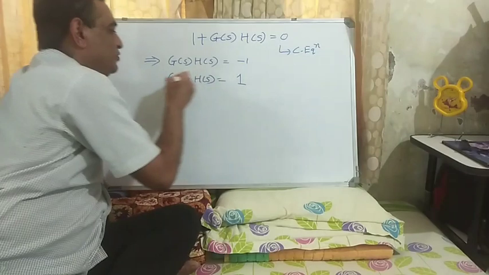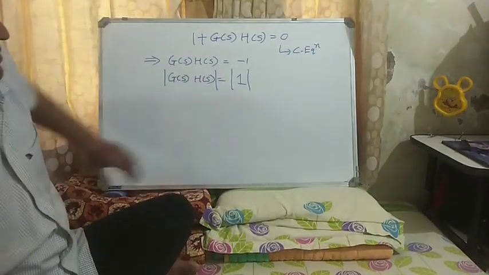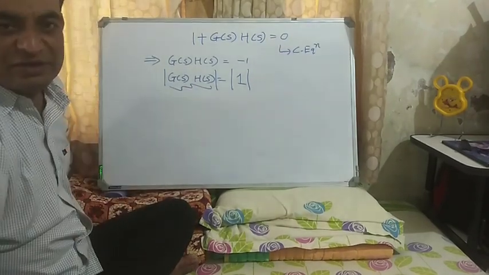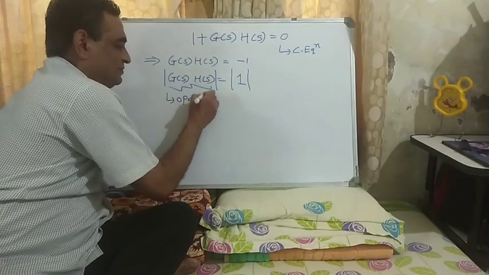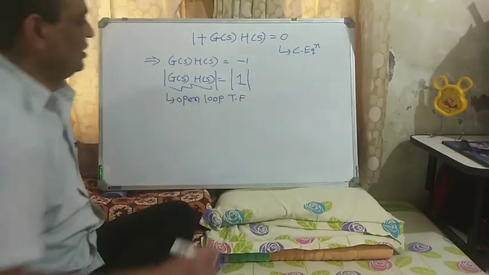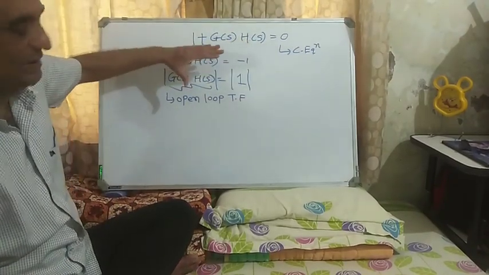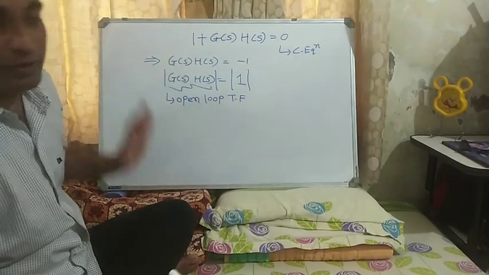If I take the magnitude on both sides, the magnitude of G(s)H(s) is equal to 1. Now what is G(s)H(s)? It is the open loop transfer function.